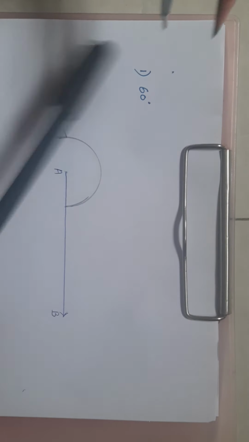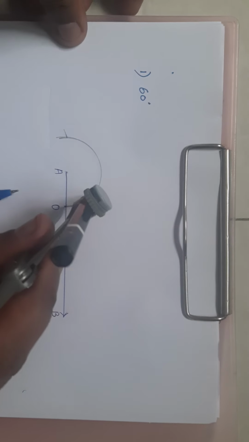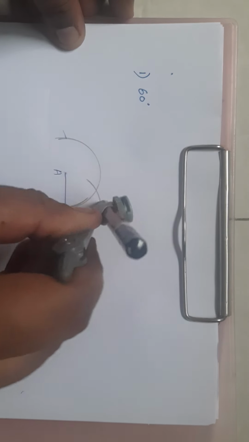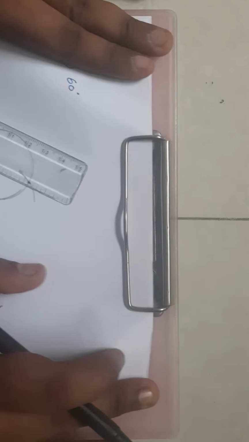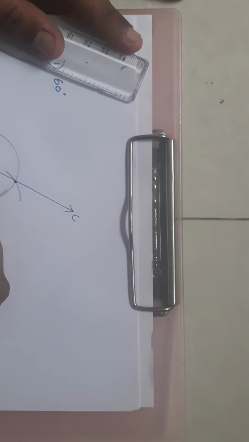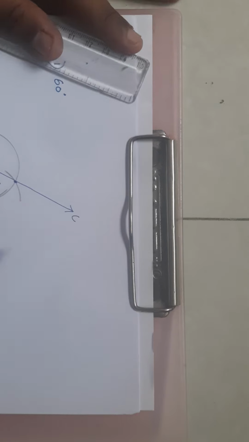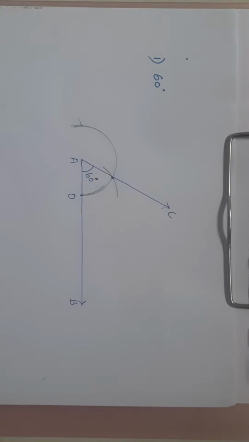So this arc point is O. Then keep the needle at O point. Cut one arc. Join this arc intersection point, name it C. This is 60 degree. That's all. Understand, children? This is the angle for 60 degree.